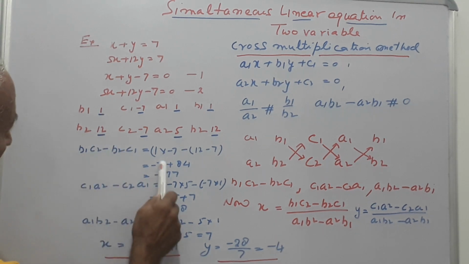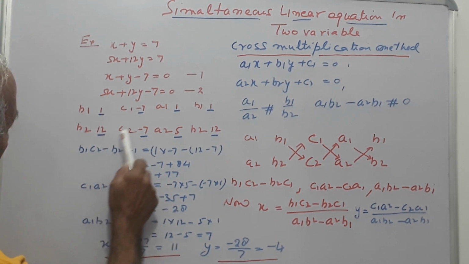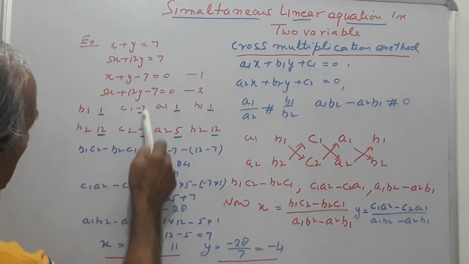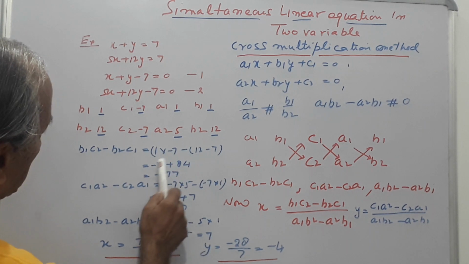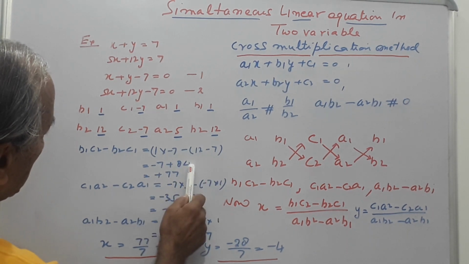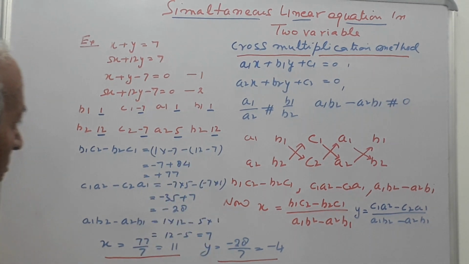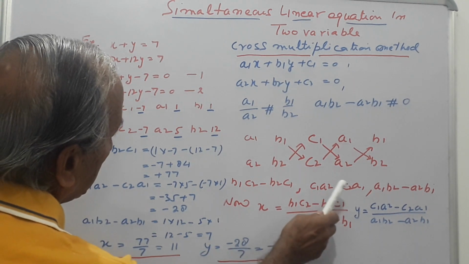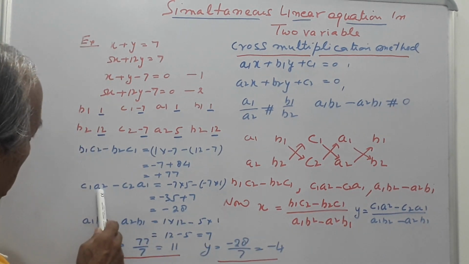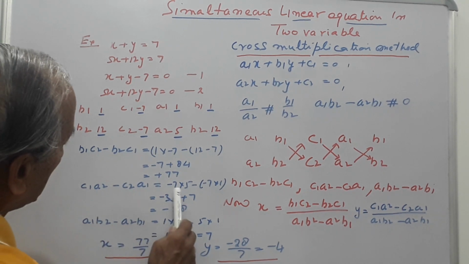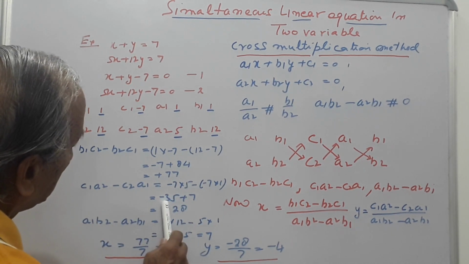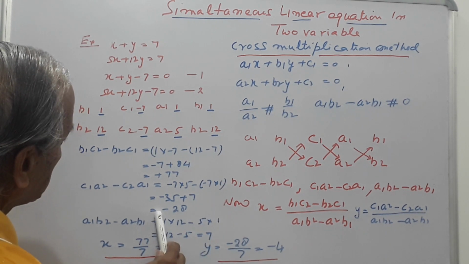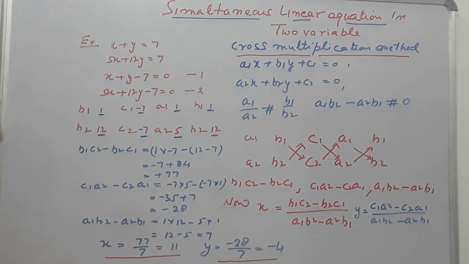We put the values: 1 times minus 7 minus 12 times minus 7, that is minus 7 plus 84, that is plus 77. In the same way we get the second, c1 a2 minus c2 a1: minus 7 into 5, minus 35, and minus 7 into 1, that is minus 7, so the result is minus 28.